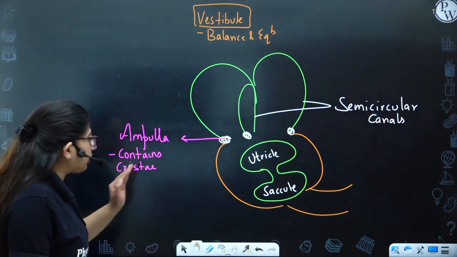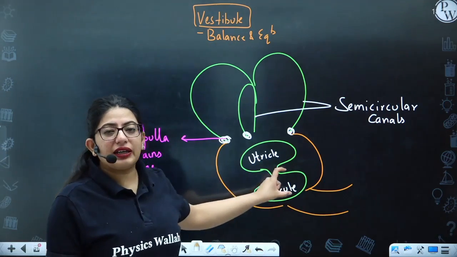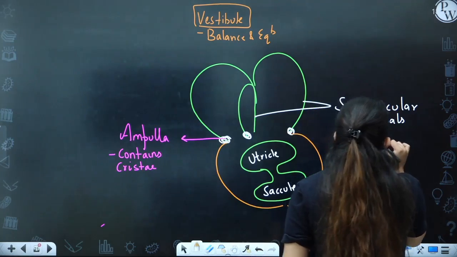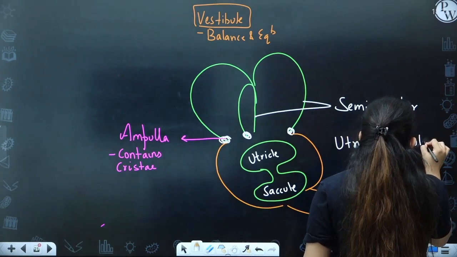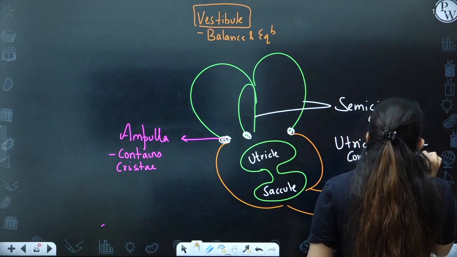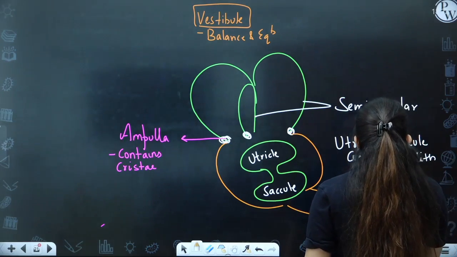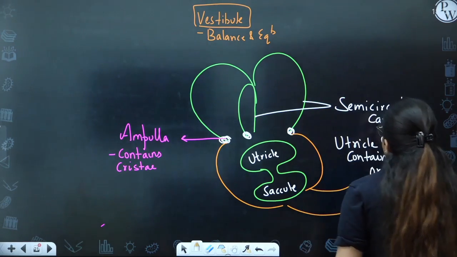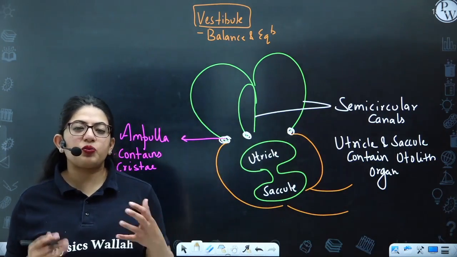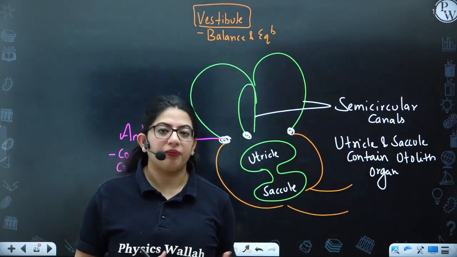Just like the ampulla contains cristae, the utricle and saccule contain another structure, the otolith organ. And this otolith organ is present in structures known as maculae.